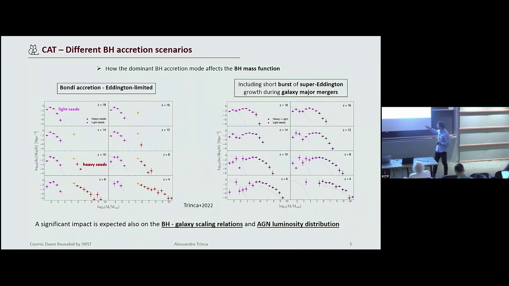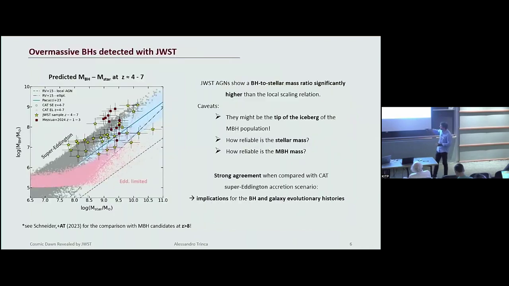While if you just assume these first phases of efficient accretion during major mergers, you have on one side this very efficient growth of the black hole in the early phases of evolution, which matches very well this overmassiveness. And on the other side, you also have a natural way of explaining why they then stop accreting so efficiently at later times, and why we do not observe similar systems in the local universe.